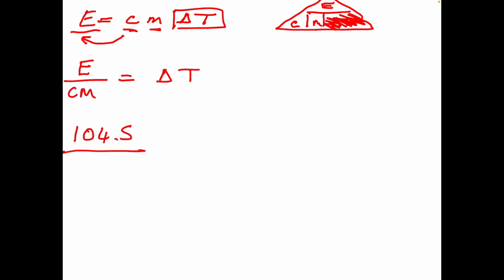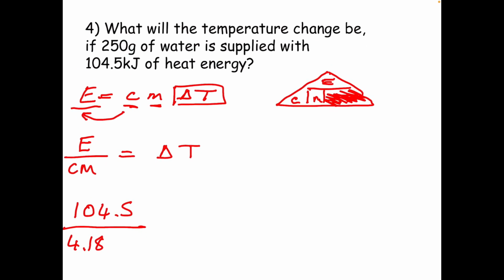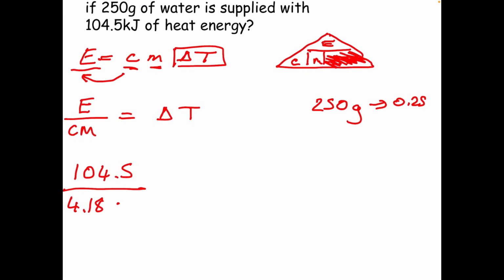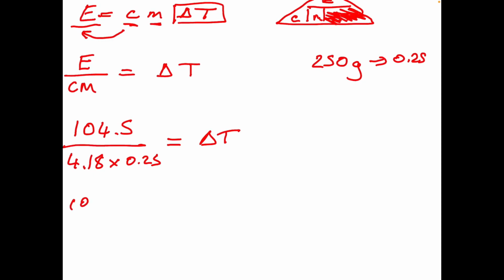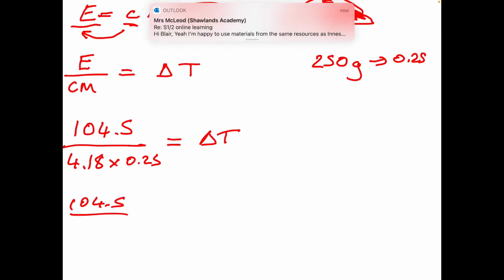We know that our C was always 4.18. And if we look at the question, it says that it's 250 grams of water. So if I change that into kilograms first, I'm going to be putting a wee 0.25 in here. That is equal to my delta T. So if I put that into the calculator, 104.5, and I'll simplify this. This is always a good step to do if you've not got one of the fancy calculators.